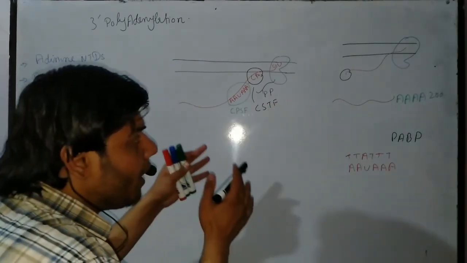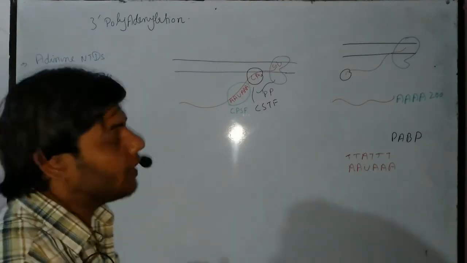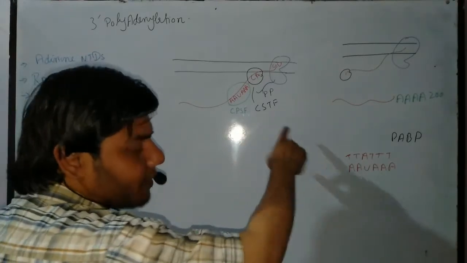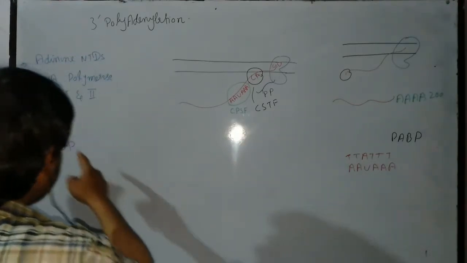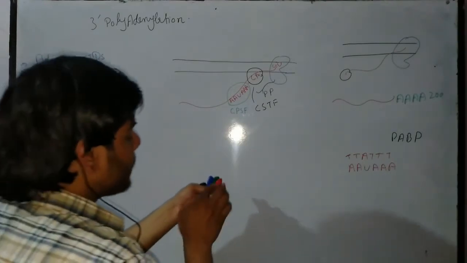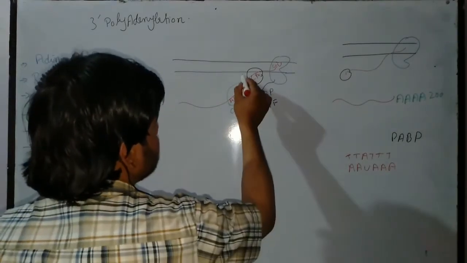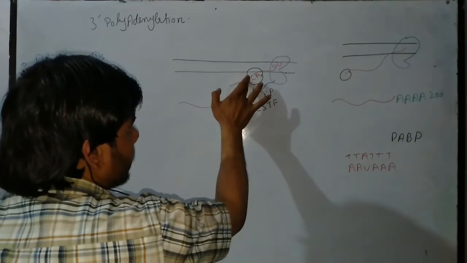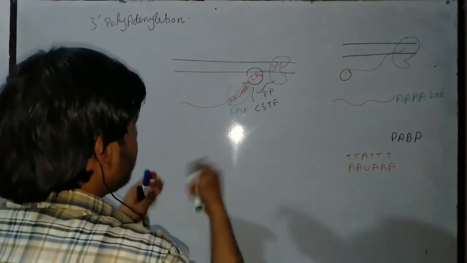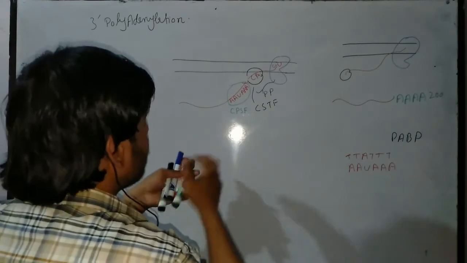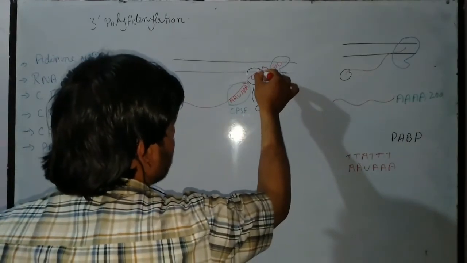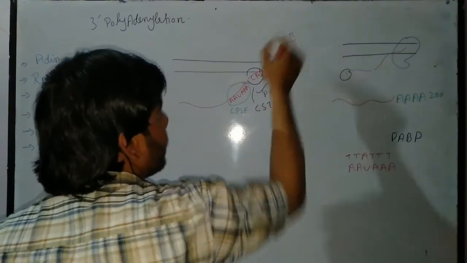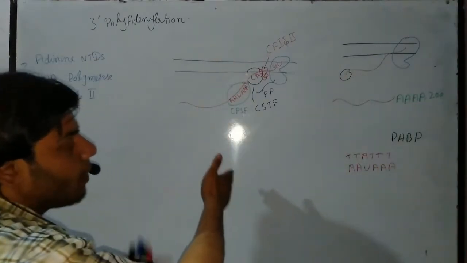Due to the addition of these two factors, other cleavage factors are activated. The cleavage stimulatory factor will stimulate other cleavage factors, cleavage factor 1 and 2, which get activated and bind to that area, as you can see. This cleavage factor 1 and 2 makes a cut in the RNA strand.